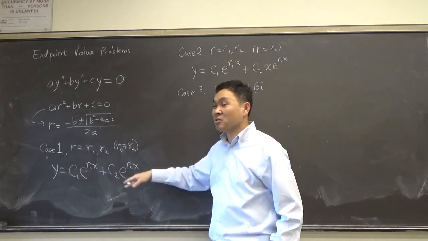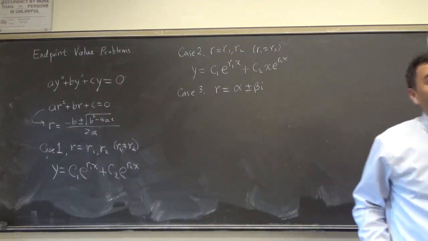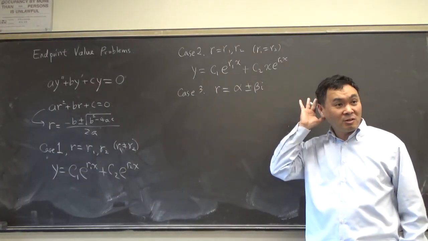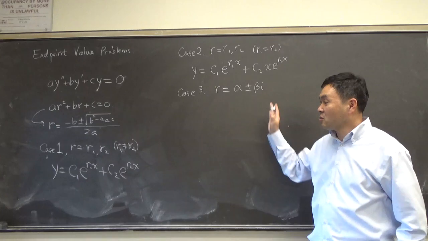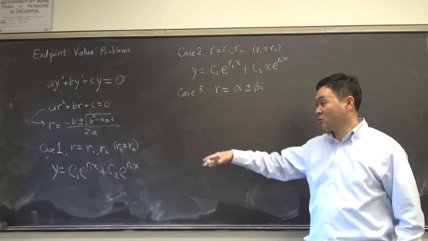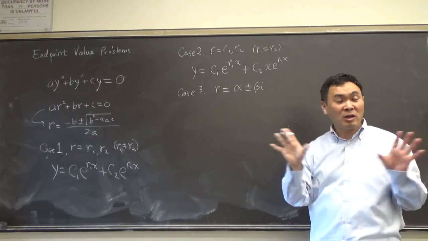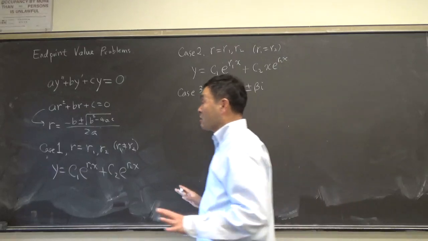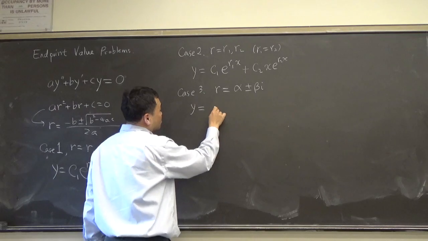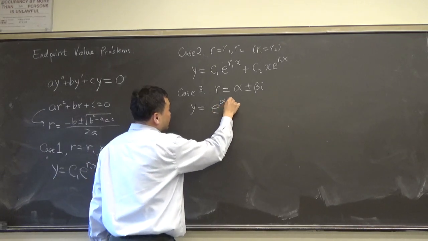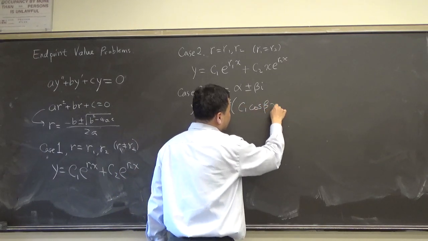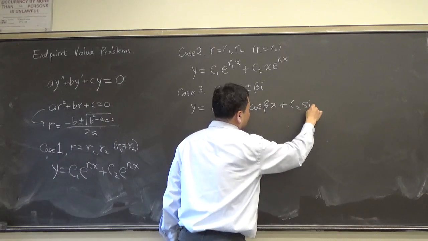But writing your solution that way is not advised because that would create functions that have complex values. So instead, you take the real part of that function and the imaginary part of that function that you get by plugging these in, and create separate functions that will have real values. And the end result is that you get y equals e to the alpha x times c1 cosine beta x plus c2 times sine beta x.